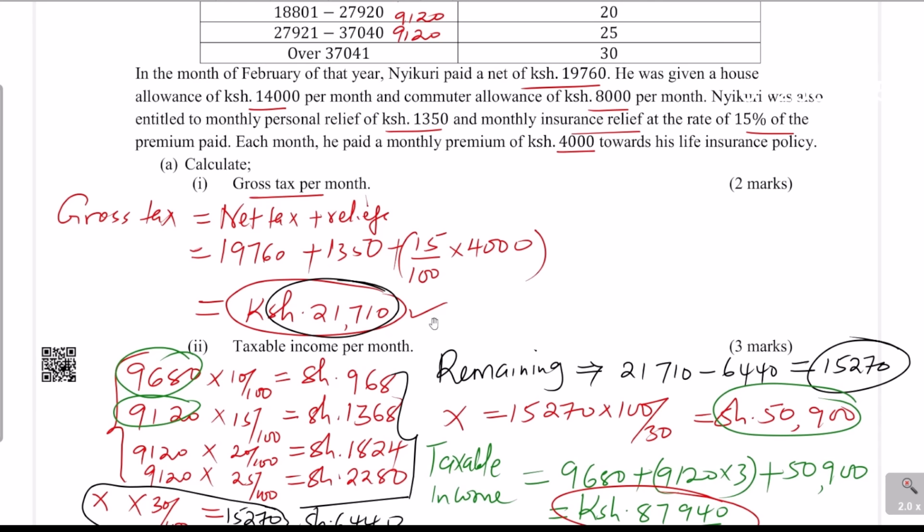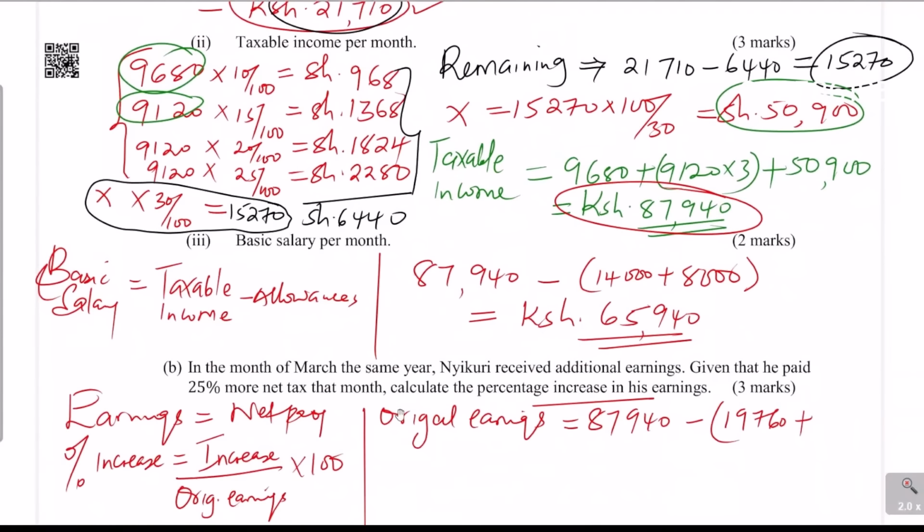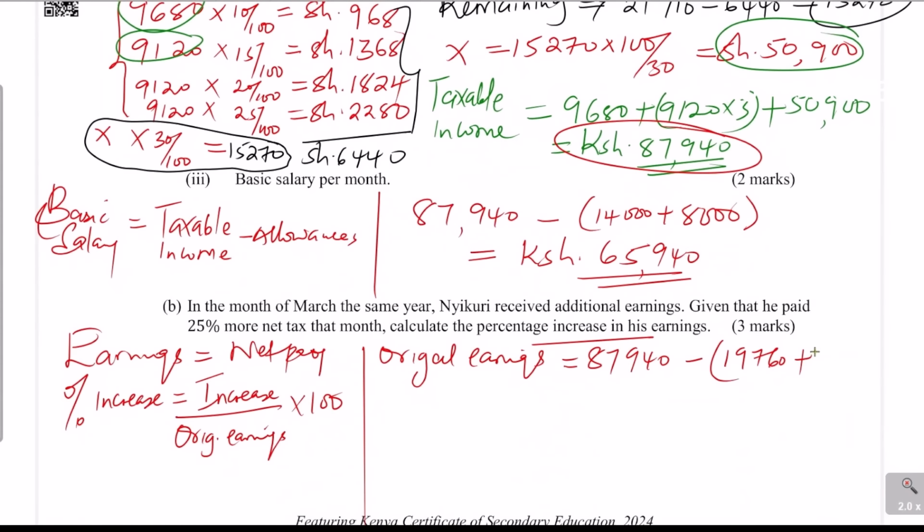So that one is deducted every month. So 4,000. So those are the only deductions I can see here. So when you take the gross pay or the taxable income, subtract all the deductions, there are only 2 here. This one will give the original earnings as 64,180.